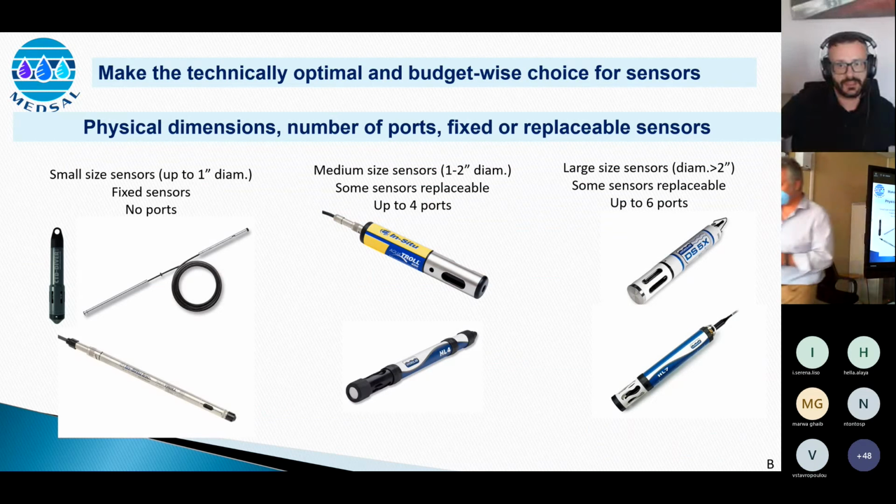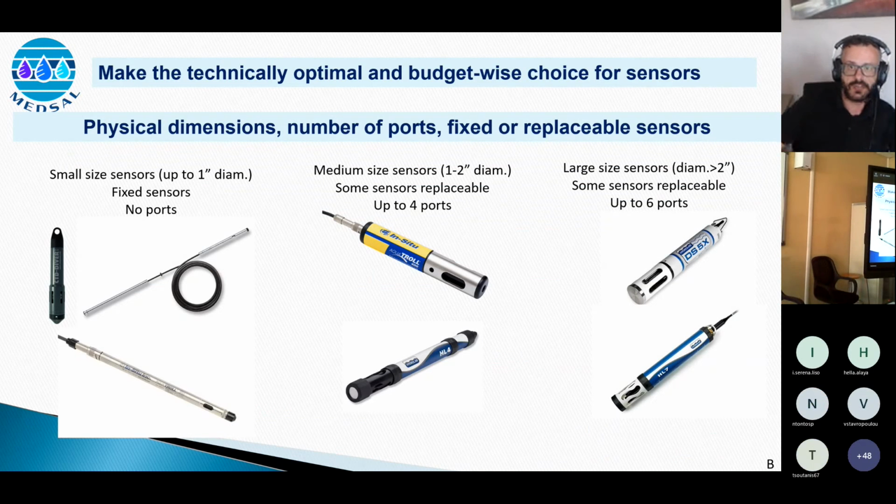So this is my turn now. Let's see now the sensors. Sensors could be categorized into three groups. The small size probes with diameter up to 1 inch. The sensors in these probes are fixed. They are usually pressure transducers with temperature or conductivity temperature depth sensors, and there are no extra ports available to connect extra sensors.